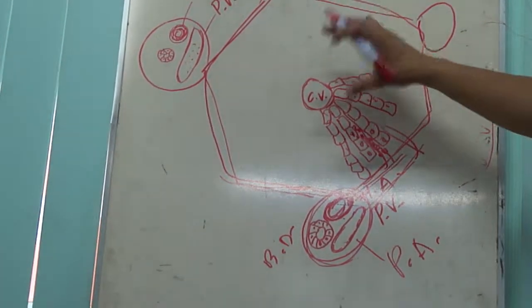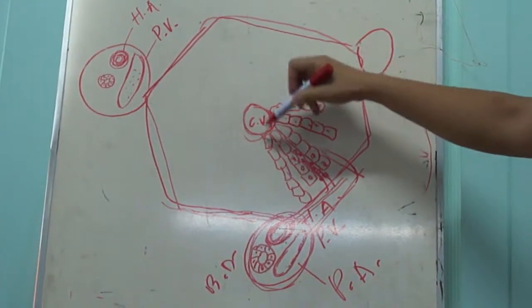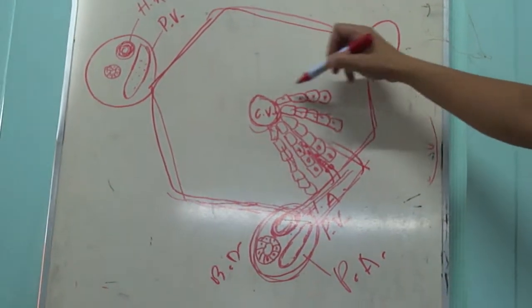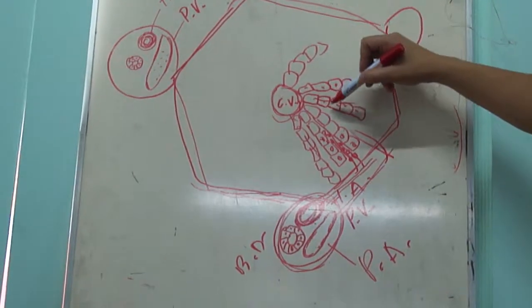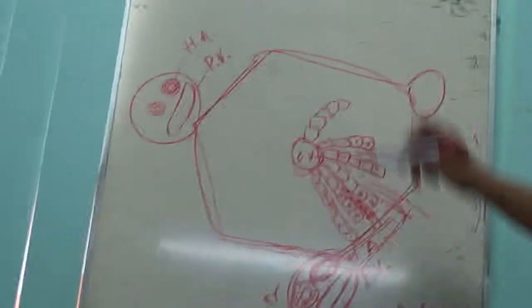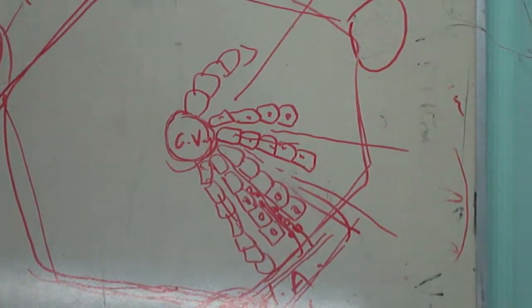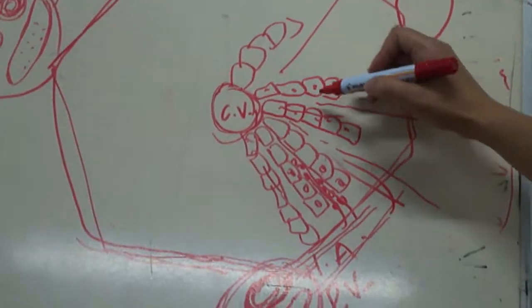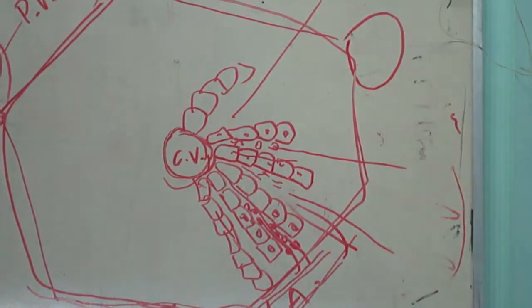So inside the lobule, we should be able to see a central vein, and then trabeculae or columns of the hepatocytes. In between the hepatocytes, how do you call these spaces? Sinusoids. Sinusoids are actually capillaries, or dilated capillaries, so that we should be able to see blood cells, red blood cells, white blood cells inside the sinusoids.